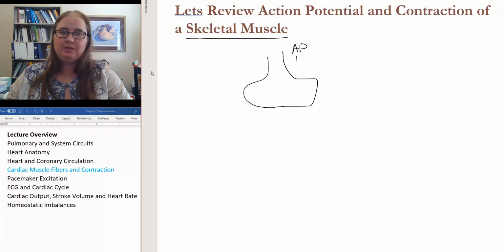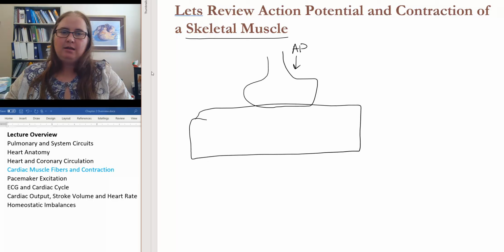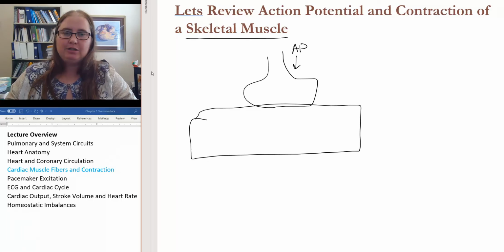So we have this action potential that comes down, and it lands on, I'm just going to draw a tube here. I don't have the synaptic cleft here, but you get the gist of it. Here is our skeletal muscle cell. Our action potential comes down, so this is essentially our electrical signal.